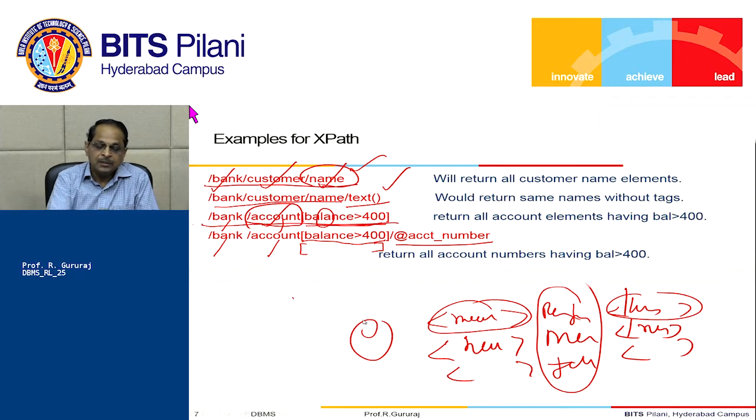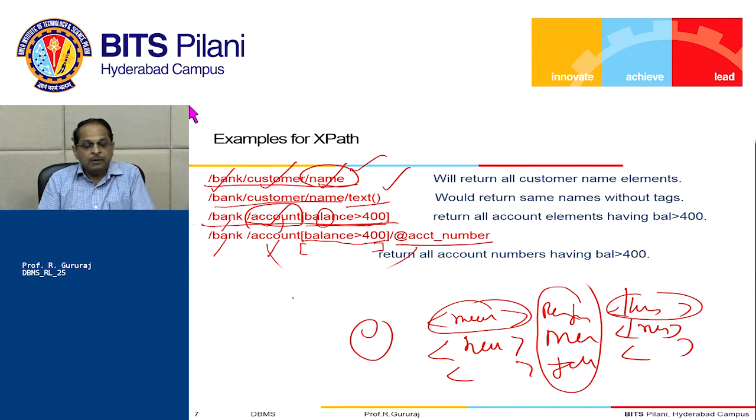The at-the-rate symbol is used to address what? The attribute of a given element. So at the rate account number, since it follows account in the next step, I am picking up the account number attribute value for the accounts whose balance is greater than 400 and displaying that in the result.